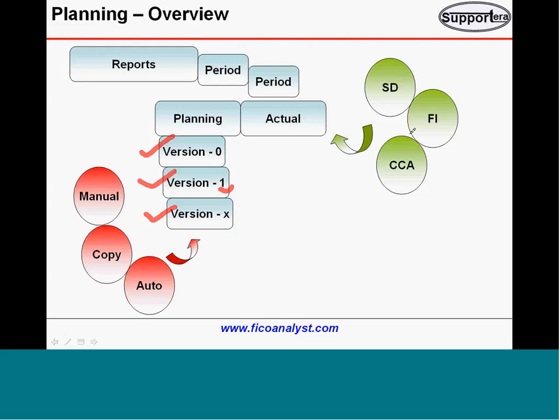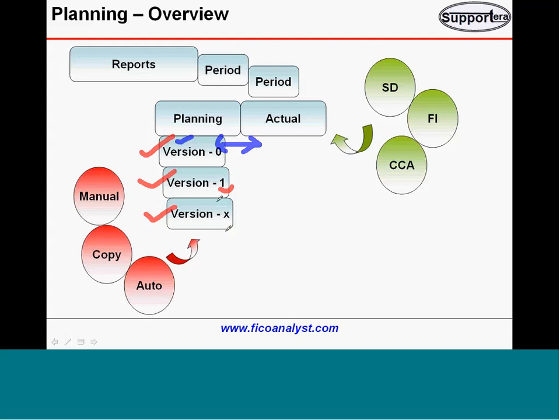So SAP gives a lot of versions, and planning process-wise, normally you will always have one active version, which is 0, and you try to compare 0 with the actuals, right? When you say 0, this may be a production version, which is the final version approved by everybody, and they are going to compare this. That again depends on the organization, so you don't know which version they are using as the final version.